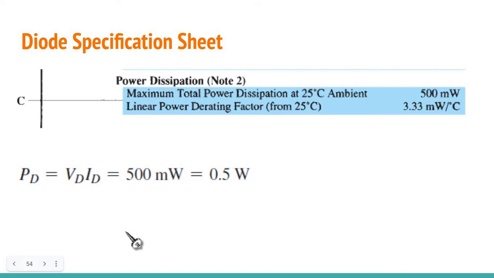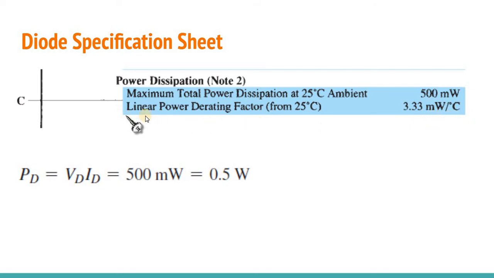Power dissipation. Okay, so it says here in the data that the power dissipation of the diode at 25 degrees ambient is 500 milliwatts. So, mao na yung maximum nga power dissipation. So, this is just equal to voltage times current, which equals 0.5 watts. The linear power rating factor from 25 degrees Celsius is 3.33 milliwatts per degree Celsius.